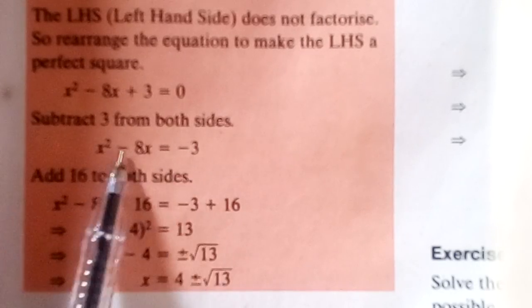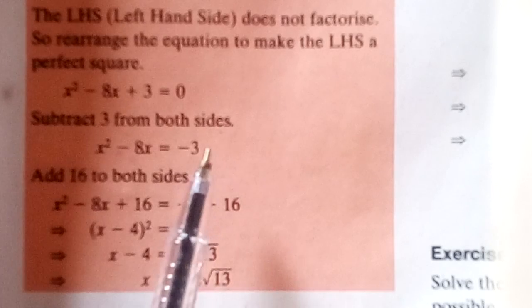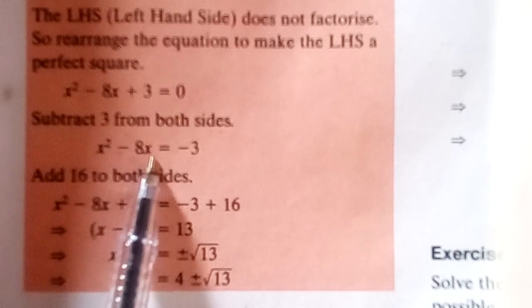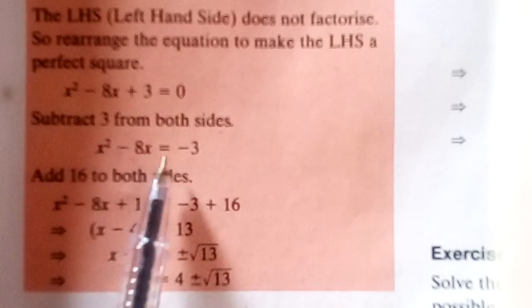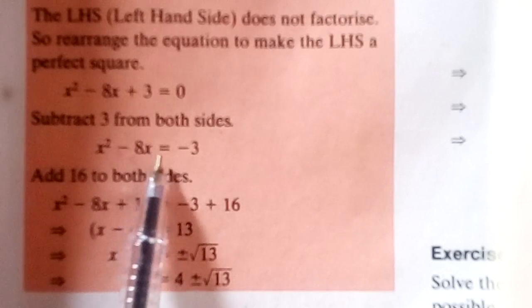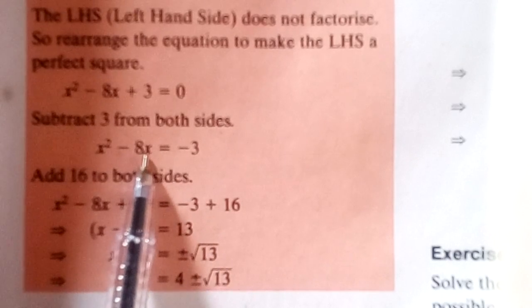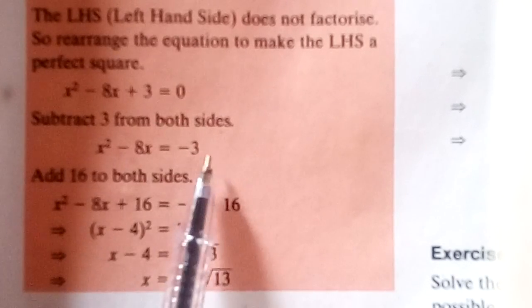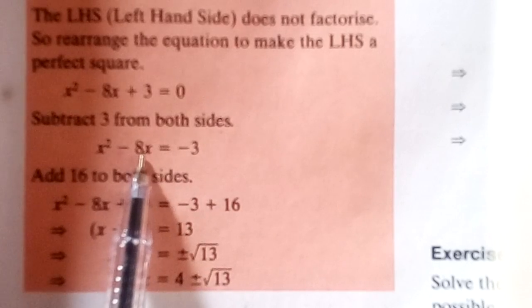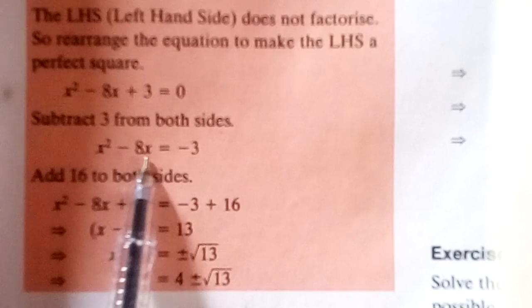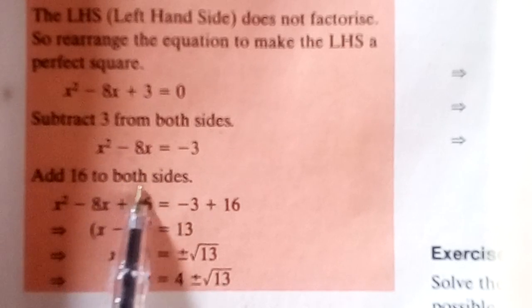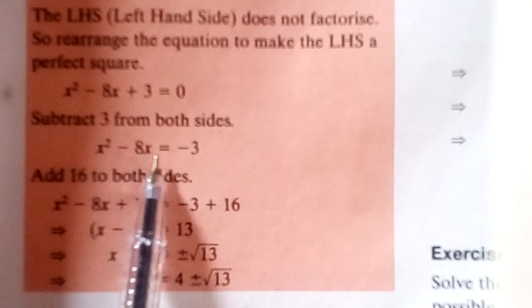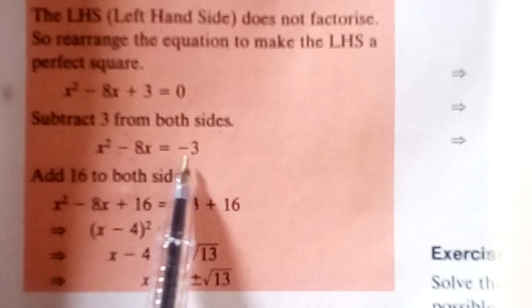Once you get it in this form, you now add half the square of the coefficient of x to both sides. Minus 8 is the coefficient of x, not the coefficient of x squared. Now half of 8 is 4 and the square of 4 is 16. Therefore you add 16 to both sides.